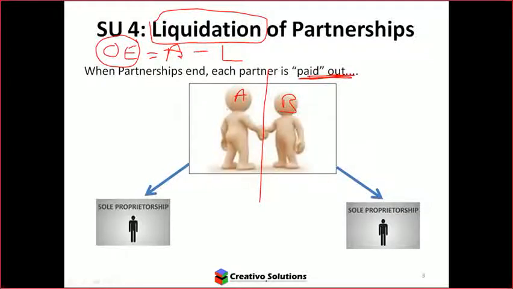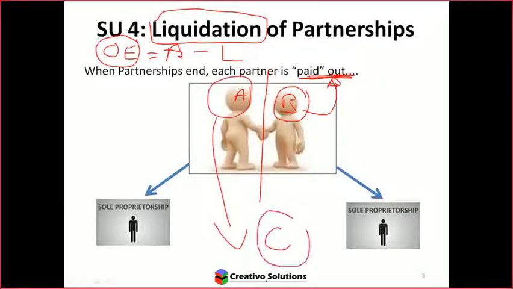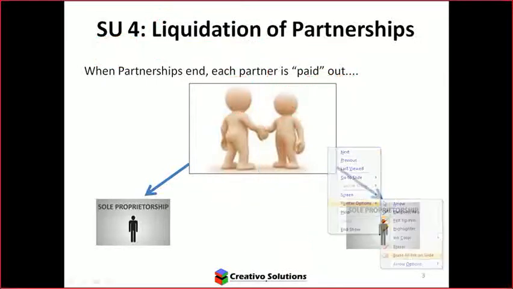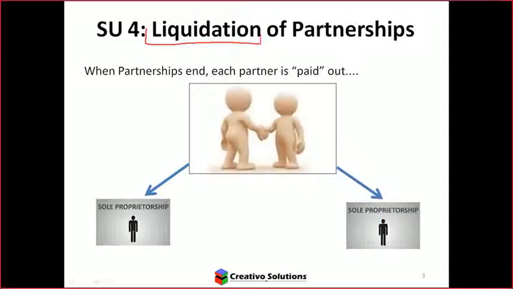No. So in actual fact, the partnership is being liquidated because B is going to sell his or her share in the business, get paid out, and then A might start a new partnership with C. So liquidation is not necessarily a bad thing. To liquidate just means to sell assets.